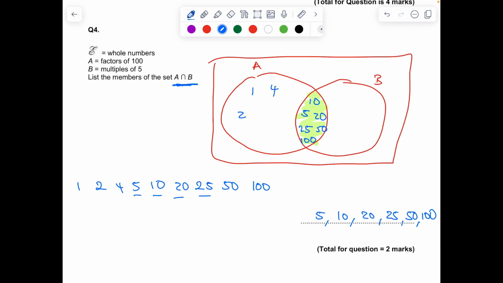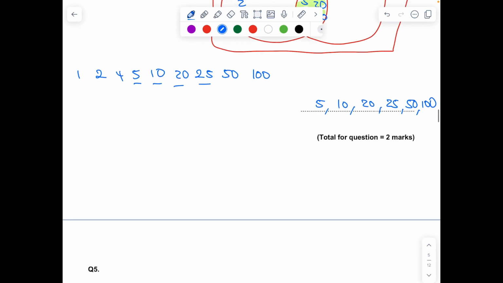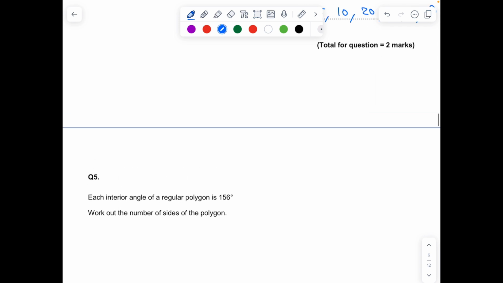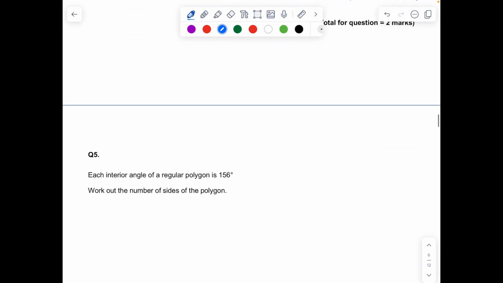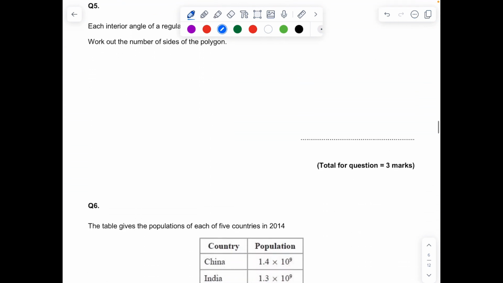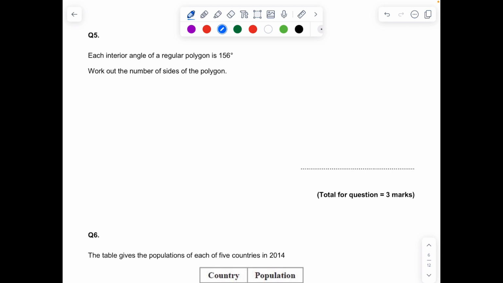And some of you worked that out without using a Venn diagram. It really doesn't matter. You didn't have to use one. You could have just listed it the way that I did, and then circled the ones that are part of the multiples of 5 or the 5 times table, and that's all you needed to do.